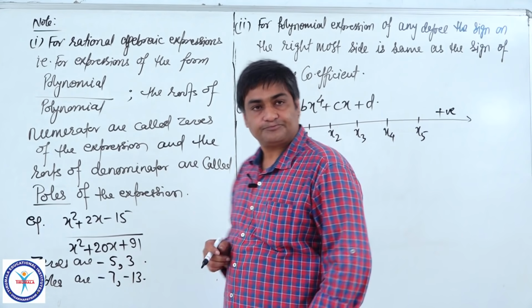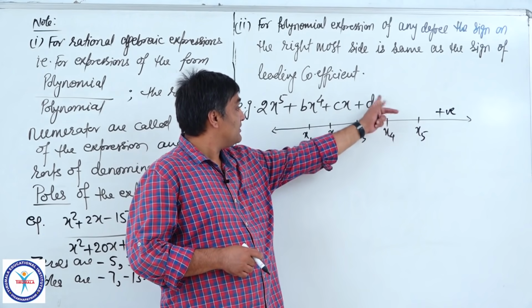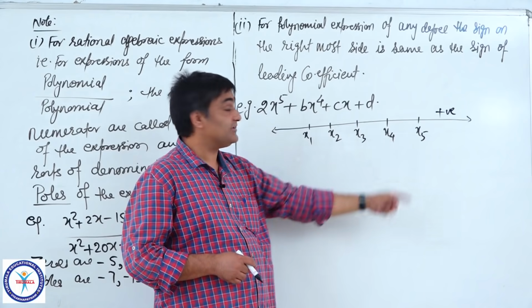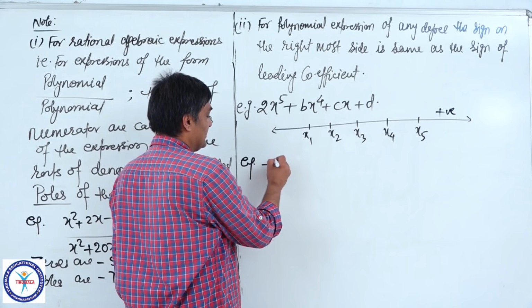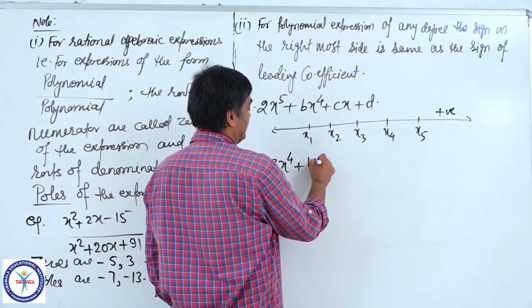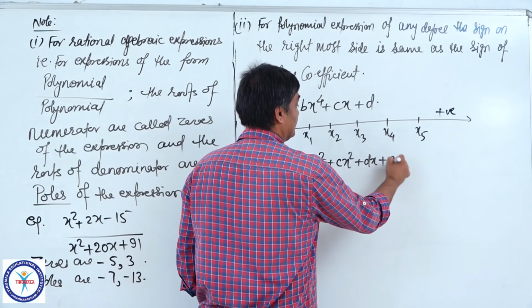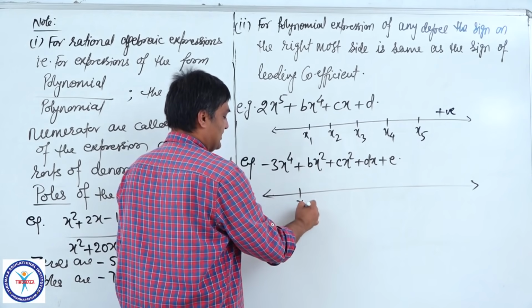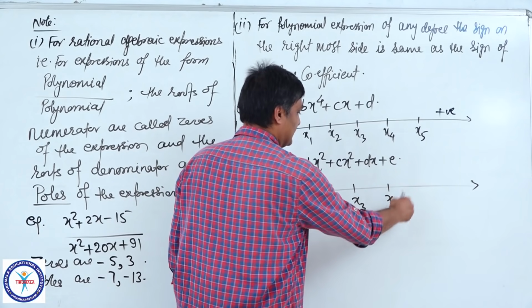Now, if we know the roots, then we can change signs by observing the frequency. Now, again it is minus 3x power 4 plus bx cube plus cx square plus dx plus e. There will be 4 roots, x1, x2, x3, x4.